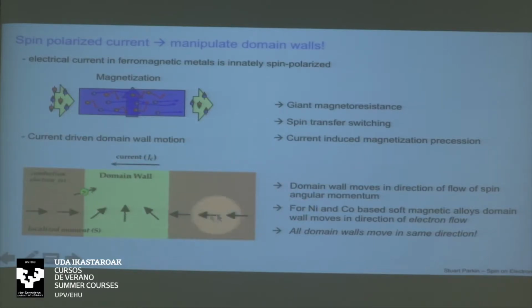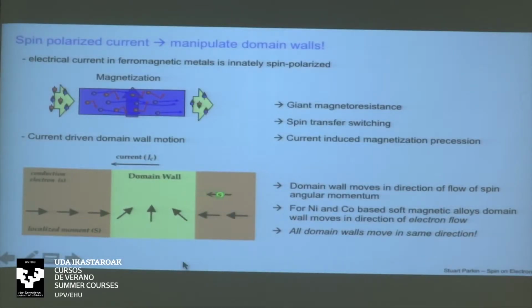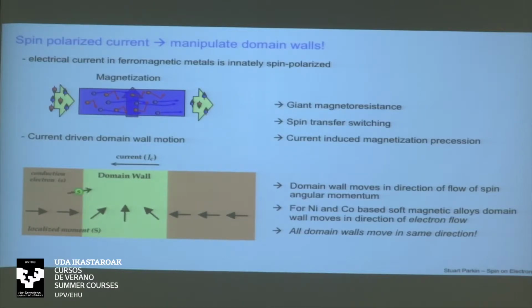And you basically need enough electrons, enough spin polarization to move the wall. And what does this mean? This means eventually, in the best case, you can move these walls at about 100 meters per second. This would correspond to all the angular momentum in the current being delivered to the domain wall. And this is what we actually demonstrated a few years ago.